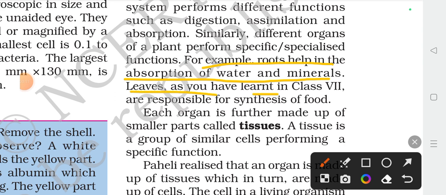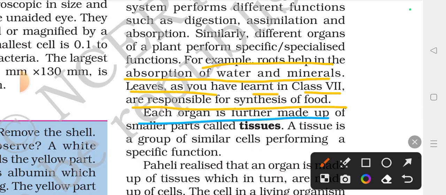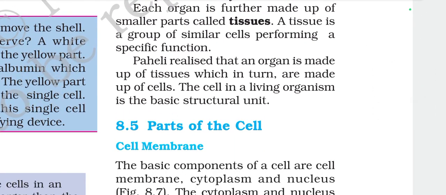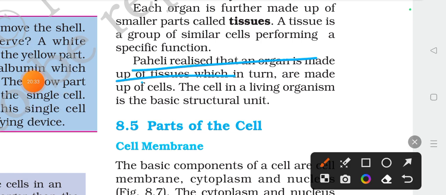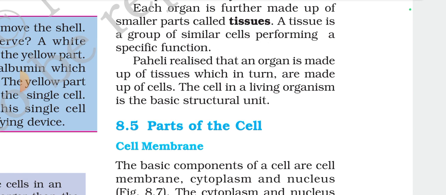Leaves, as we learned in class 7, are responsible for synthesizing food. Each organ is further made up of smaller parts known as tissues. A tissue is a group of similar cells performing a specific activity. So Paheli realized that an organ is made up of tissues, which in turn are made up of small cells, and cells in living organisms are the basic structural unit. We have learned about it multiple times.